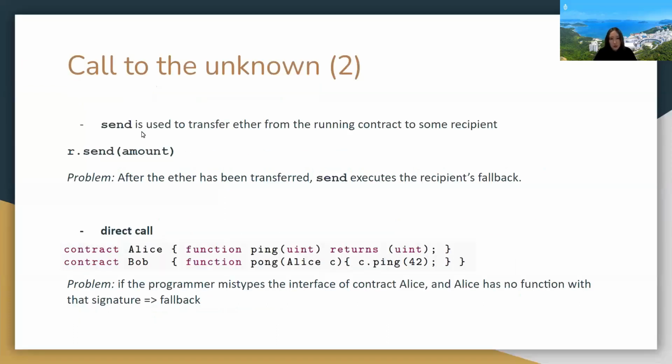Another one is send. Send is used to transfer Ether from the running contract to some recipient as well. R is the recipient, and we send some amount to the recipient. Here we have another problem: after the Ether has been transferred, send executes the recipient's fallback.